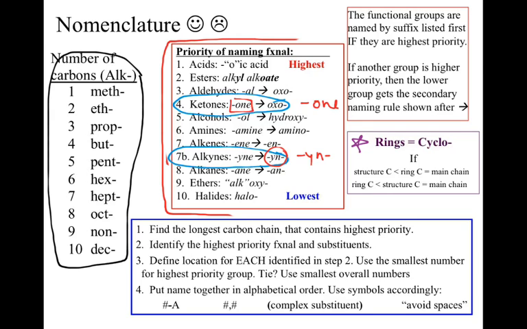So if the number of structure carbons is less than the number of ring carbons, then our ring carbons will be the main chain. And we'll talk about what main chain means. If instead the number of ring carbons is less than the number of structure carbons, then the structure carbons will get named as the main chain. It's an important distinction to make there, so just be aware of that.